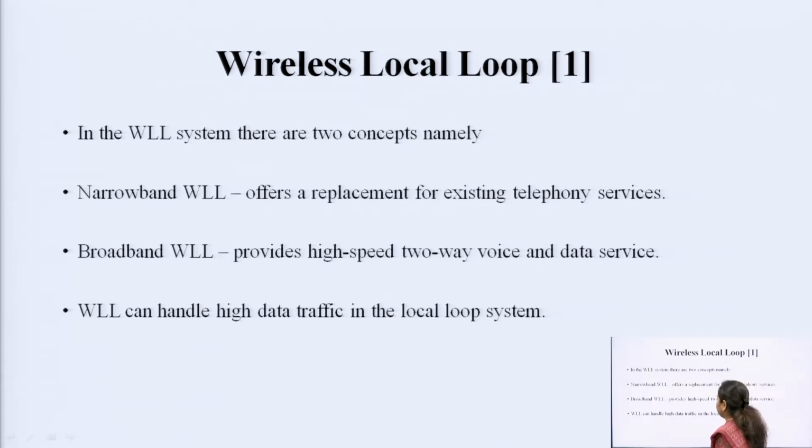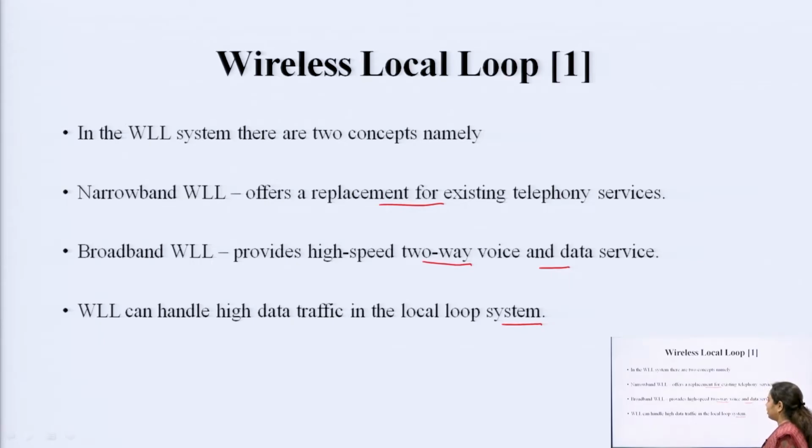The first one is narrow band WLL, which offers a replacement for existing telephony services, and also broadband WLL. It provides high speed two-way voice and data service. So, WLL can handle high data traffic in the local loop system.